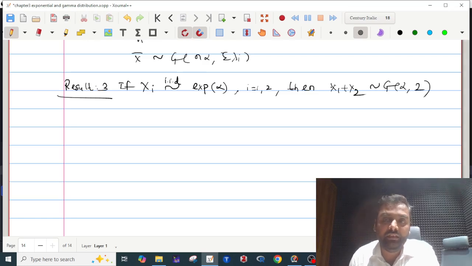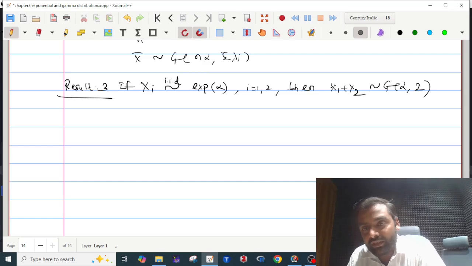As in the earlier lectures on exponential distribution, we discussed that the additive property is not satisfied for the exponential distribution if X1 and X2 are independent exponential variates. But students, if they are identical also, that is, if Xi's are IID, then the additive property holds, but it does not remain exponential, it will be a gamma distribution.